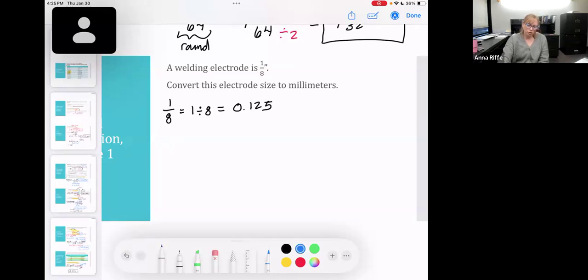We want to go from inches to millimeters. We don't have a direct conversion factor for that, but we do have a conversion factor from inches to centimeters, and we do know how to get from centimeters to millimeters. So that's the path that we're going to go on this one. Let's go from inches to centimeters, and then let's go from centimeters to millimeters.